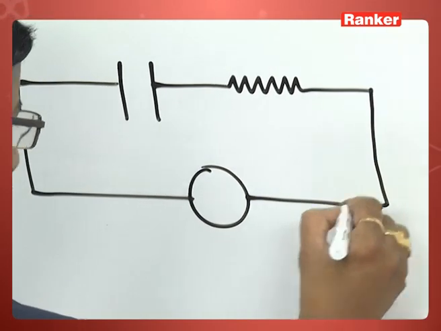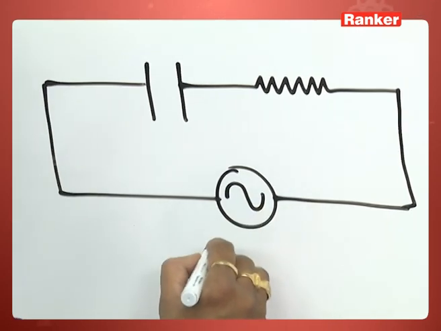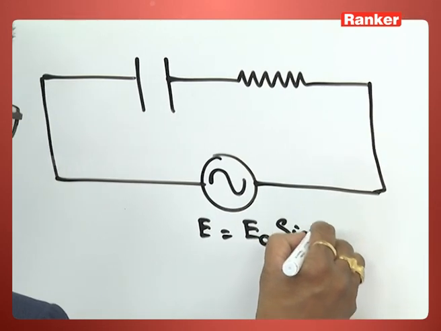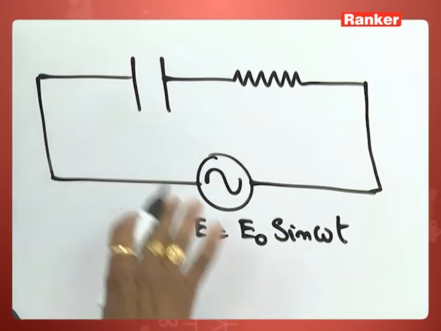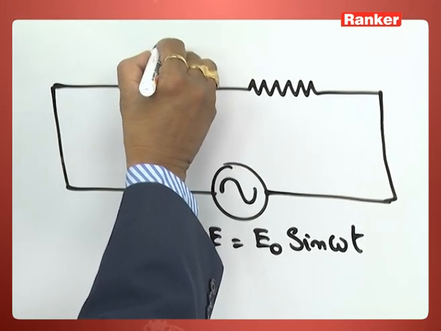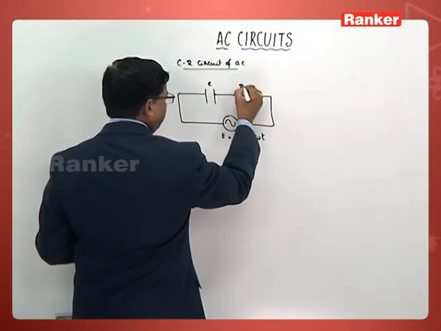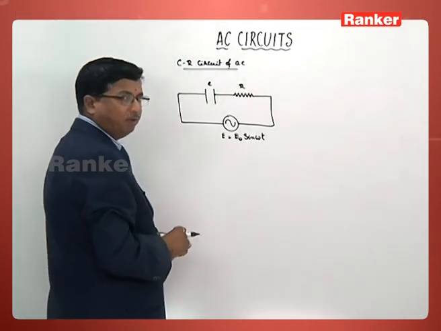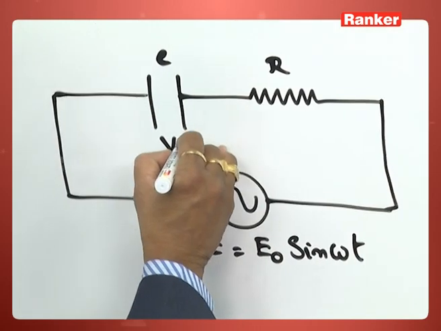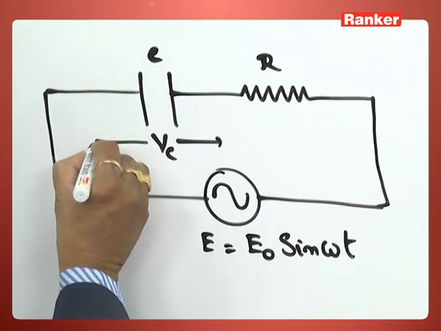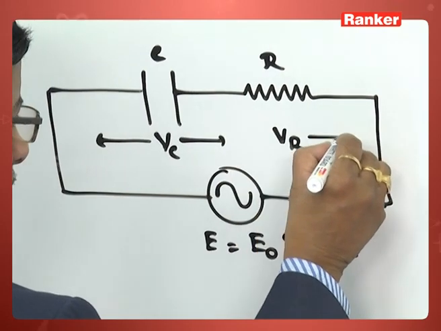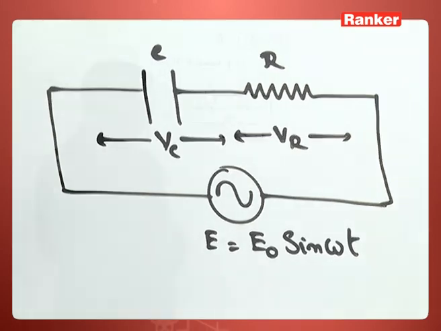A source of alternating voltage E is equal to E naught sin omega t is connected in series across the system. This has a capacity C. Its resistance value is given as R. The potential difference across this capacitor we shall take as Vc, and across the resistor as VR.